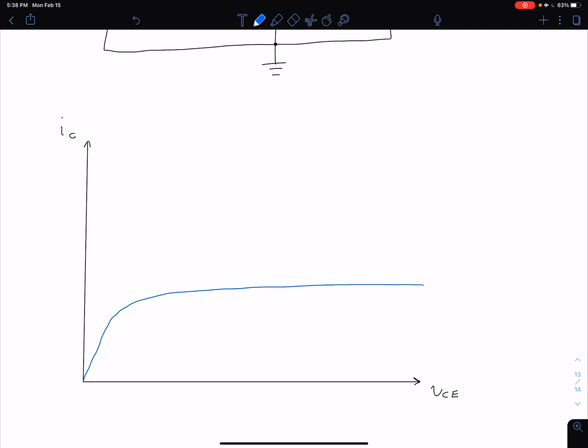So in an ideal transistor curve, this blue line would be horizontal for some base current IB1 above some value of VCE. In reality, we're going to see in the next video that we have some non-ideal effects which change this from being horizontal to actually having some slope. Of course, I've exaggerated it there, and we'll talk about that more in the next video.